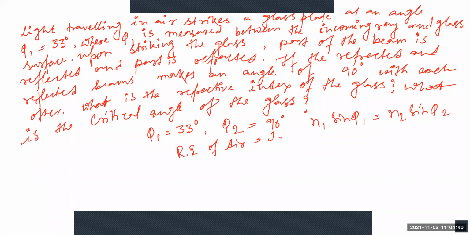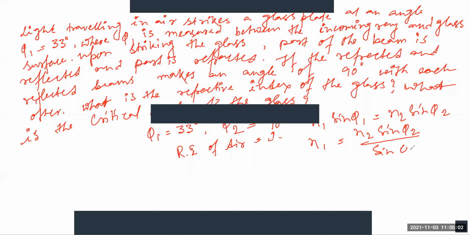N1 is the refractive index for glass and N2 is the refractive index for air. We want the refractive index for glass. So here N1 equals N2 sine phi 2 by sine phi 1. Here N2 is 1, sine phi 2 means sine 90 degrees, and sine phi 1 means sine 33 degrees.